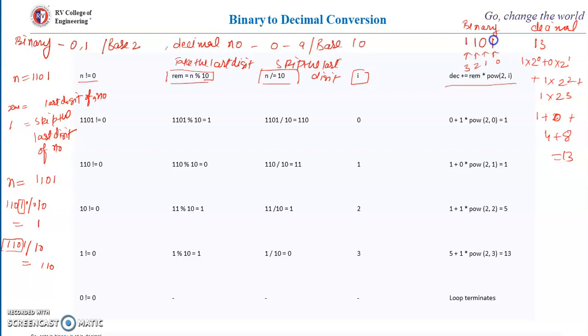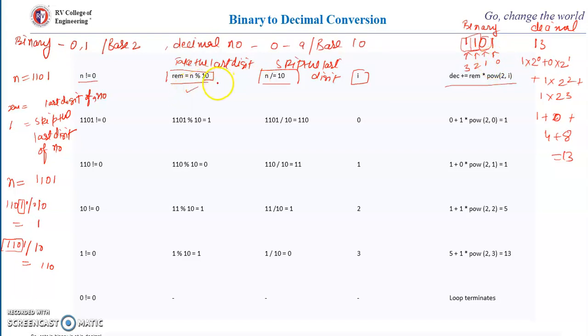The first time we need 1 as the last digit. The next time I need 0, so that means I need to skip 1, and from 110 this will be the last digit. The next time I need to skip this also, and then 11 will be the number, and the last digit will be 1. For that sake only we are writing these two things.